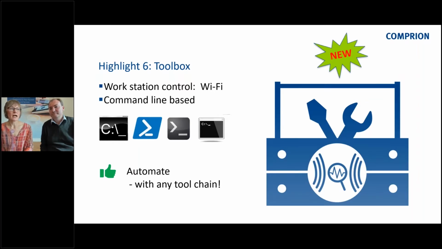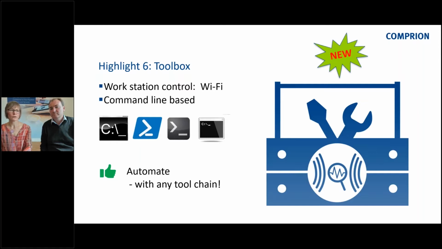And this helps you to automate your traces. We made it available via command line interface because that way you can use it in any operating system, in any environment, and also in any toolchain, because it is very easy to integrate into your existing toolchain or to build a toolchain around it if you don't have one.